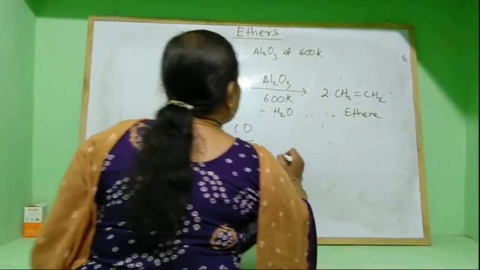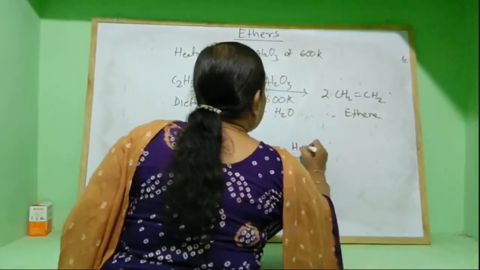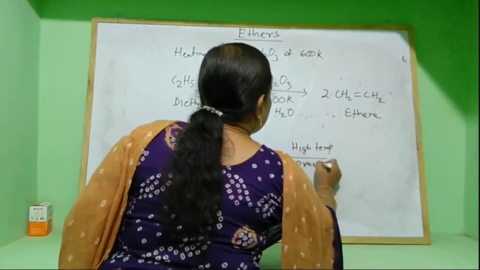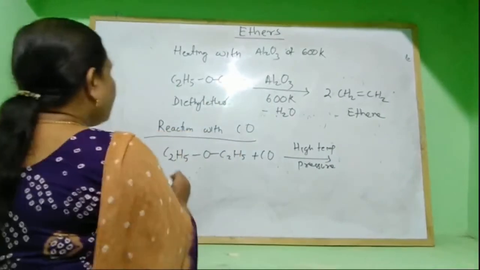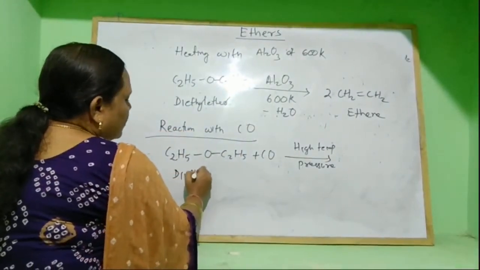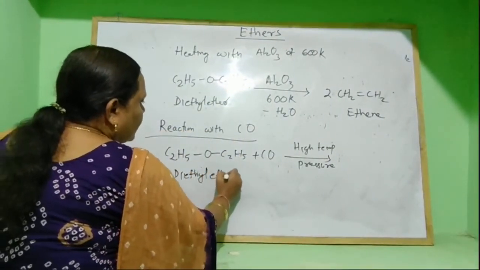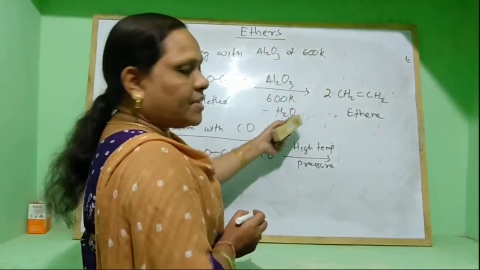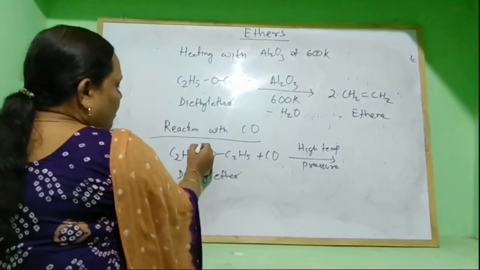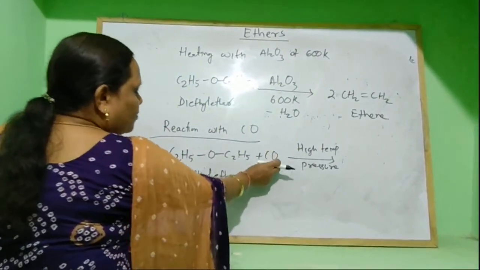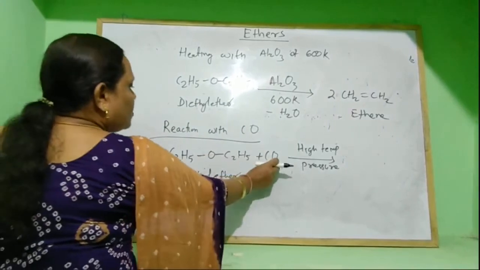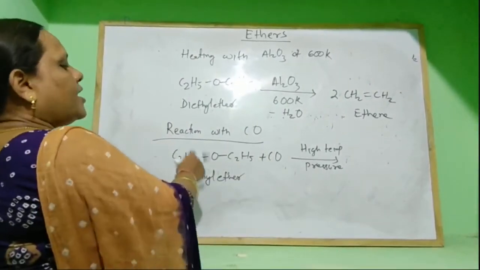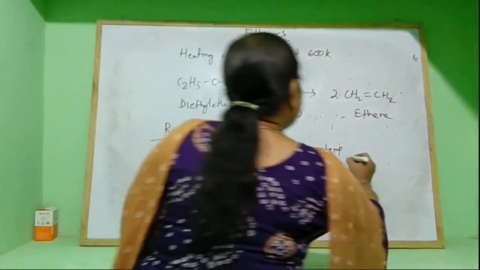Diethyl ether plus carbon monoxide, high temperature, pressure: one CO molecule is inserted here, and it forms an ester.